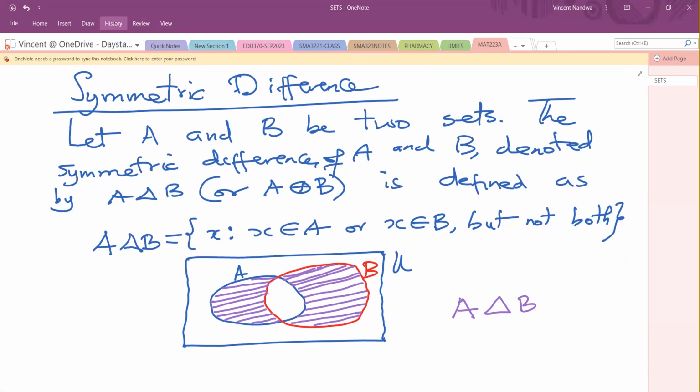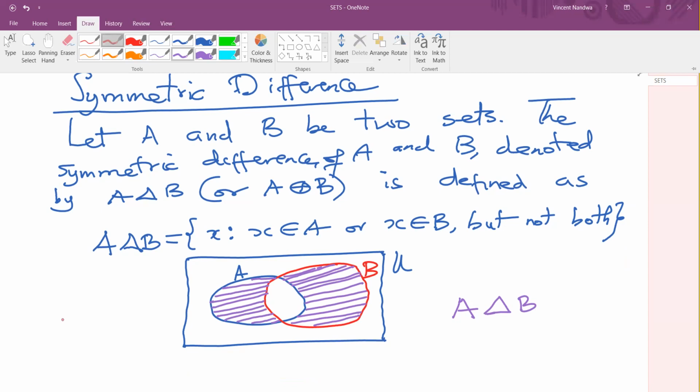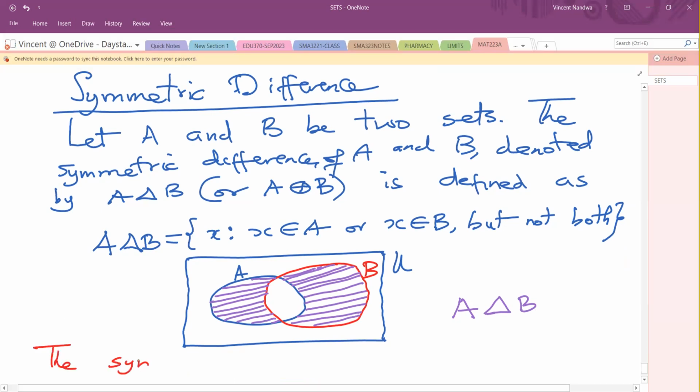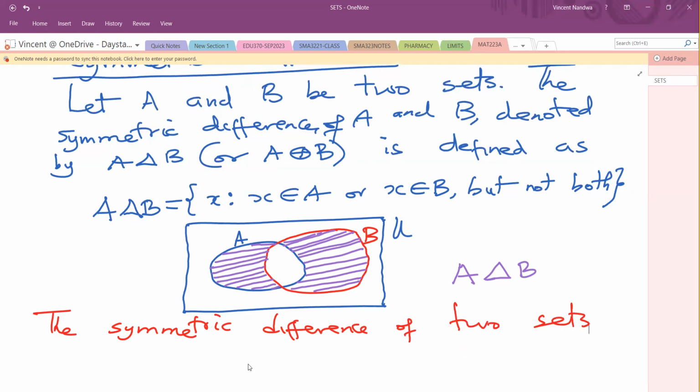And remember, the symmetric difference is also called the Boolean sum of the two sets.